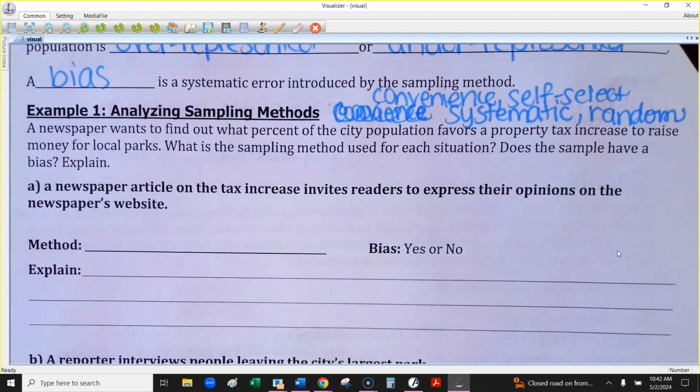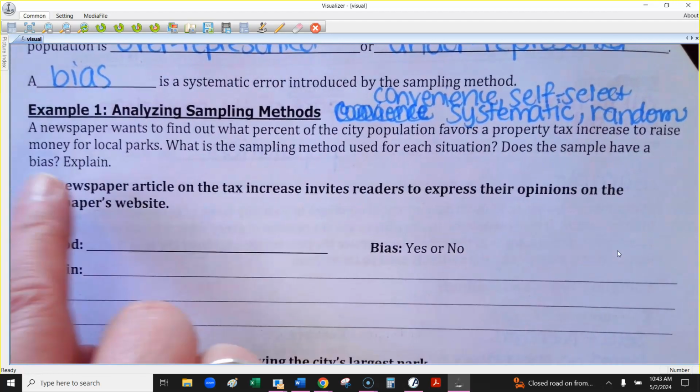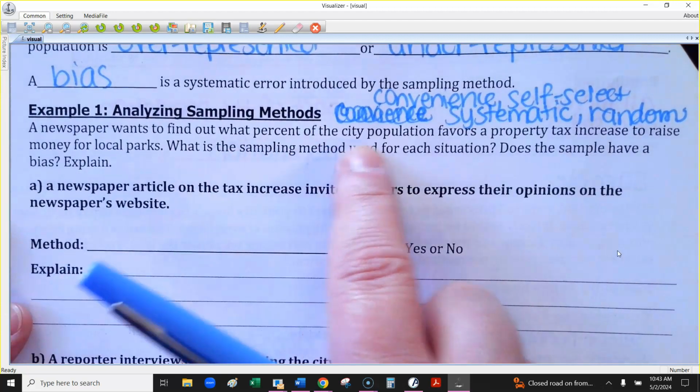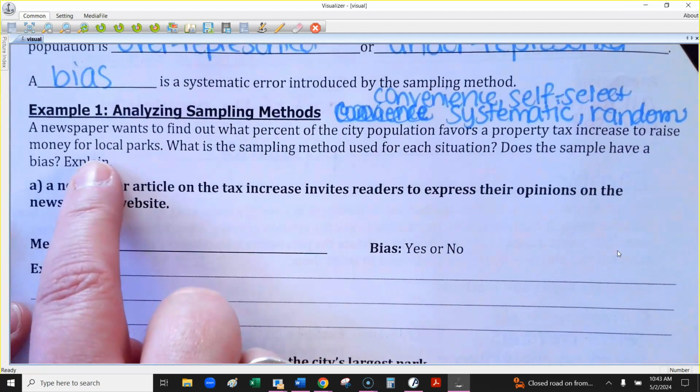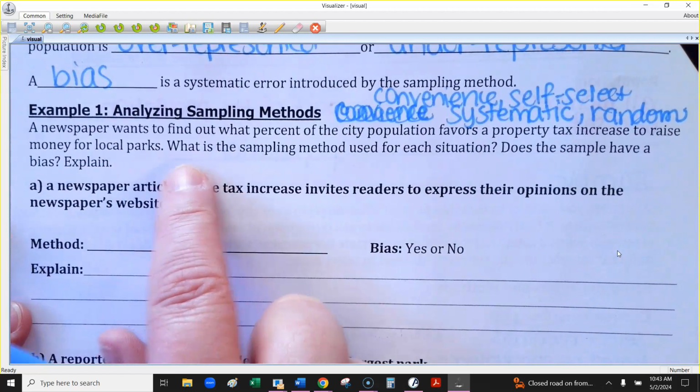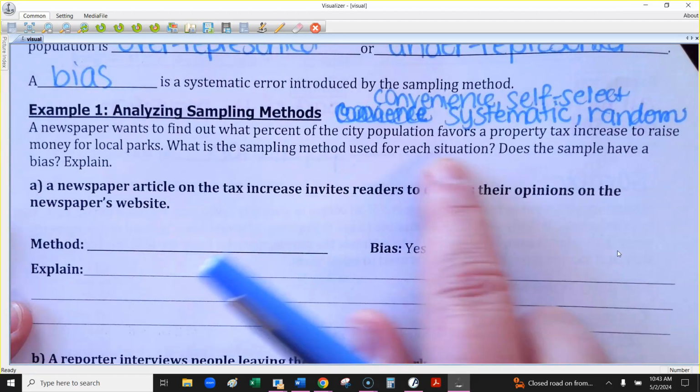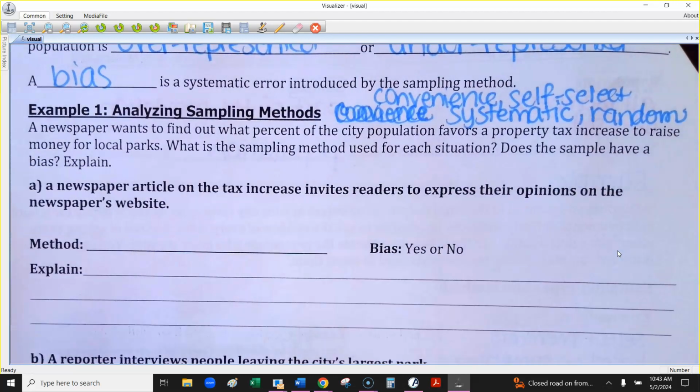We're going to figure out which method, whether we think in this particular case it's biased or not, and then defend your answer. So this is what it says. A newspaper wants to find out what percent of the city's population favors a property tax increase to raise money for local parks. What is the sampling method used for each situation, and does this have a bias? Okay, here's what this says.